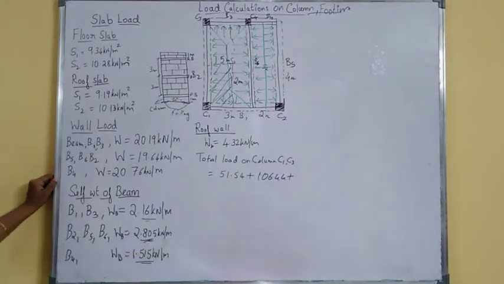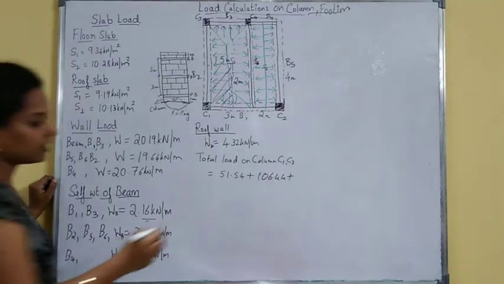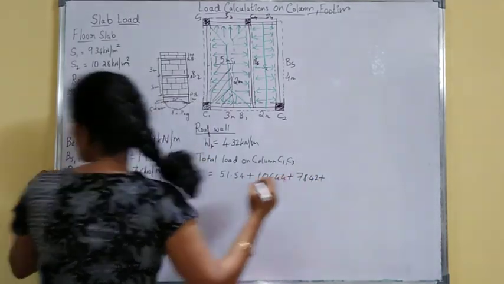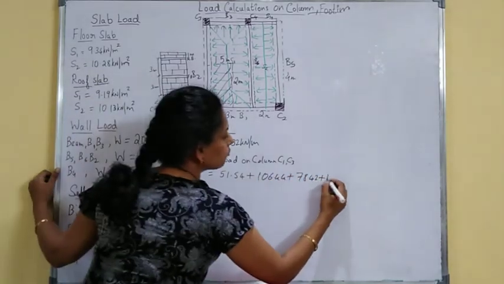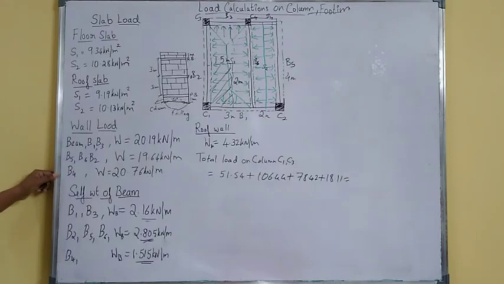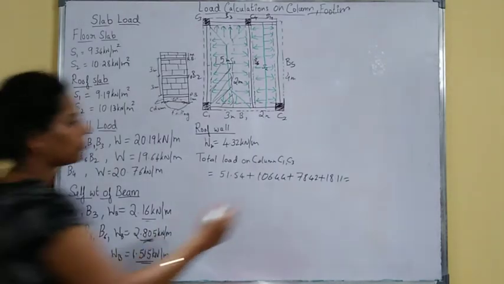Next, from ground level to foundation you have 78.42, plus the self-weight of column, that is 18.11. Therefore the total will be 254.51.